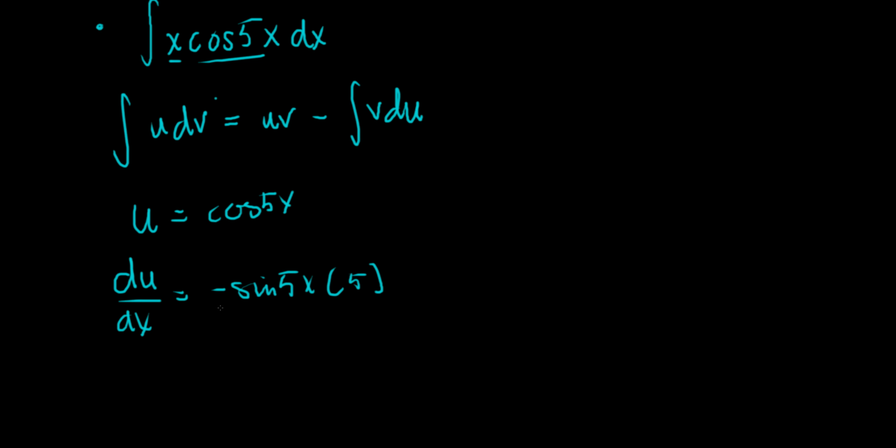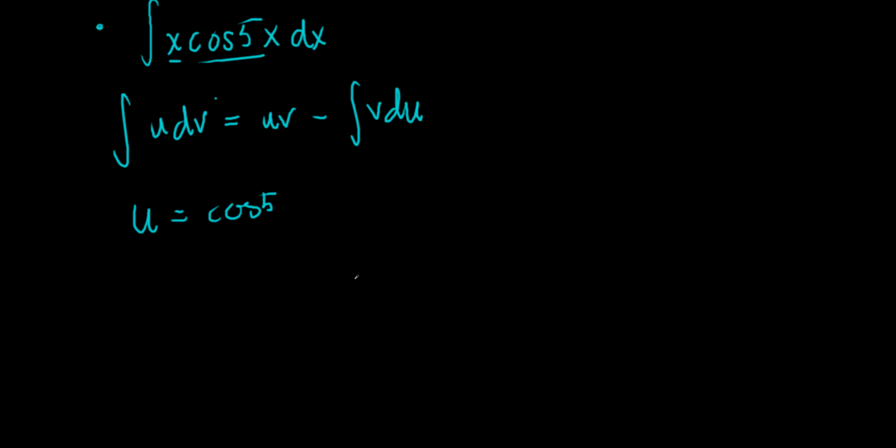And that's not helpful. There's no negative sine of 5x in this integral to substitute for, and this is just making things more complex. This isn't bringing anything into a simpler domain here. So that's probably not a good way to go about this.